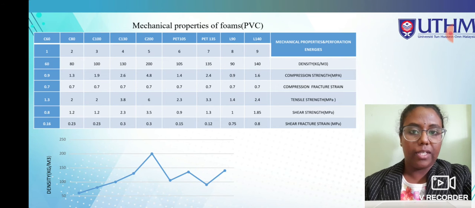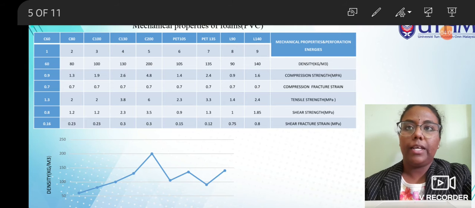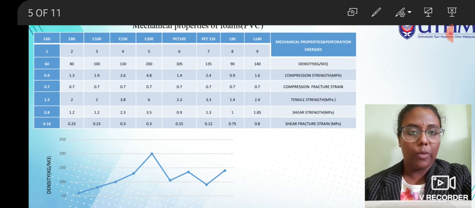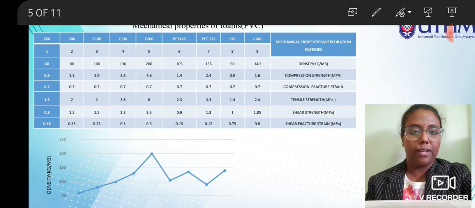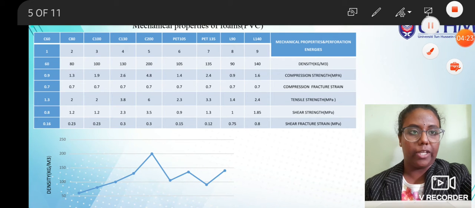The graph below indicates the densities of the foams, which belong to the lowest, C80, just like C60 and C100 foams, C130, C200, and the plotted PET 105, PET 135, while the next are about L90 and L140.